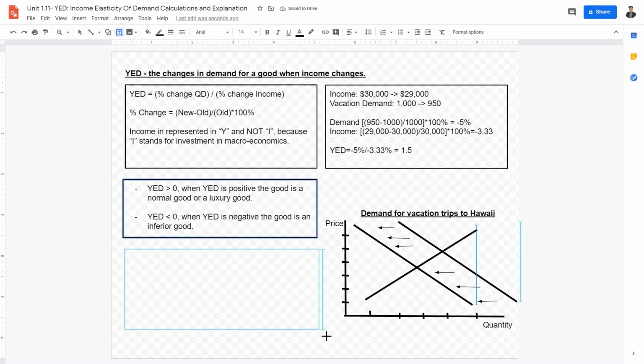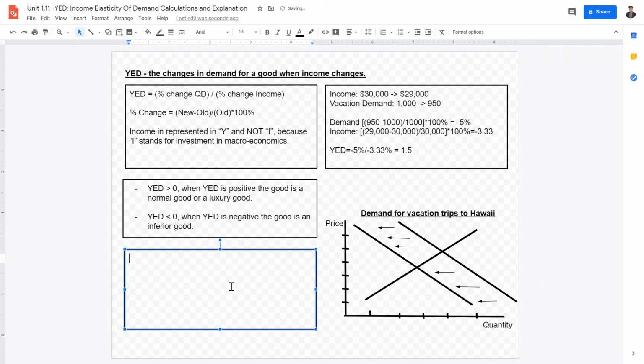Another thing we have to take note of is what do the numbers mean? So we know that the coefficient, whether or not the YED is positive or negative, will tell us what type of good it is. But what do the numbers for YED mean? Okay, so let me tell you this. When YED is between 0 and 1, then they are considered to be relatively elastic.